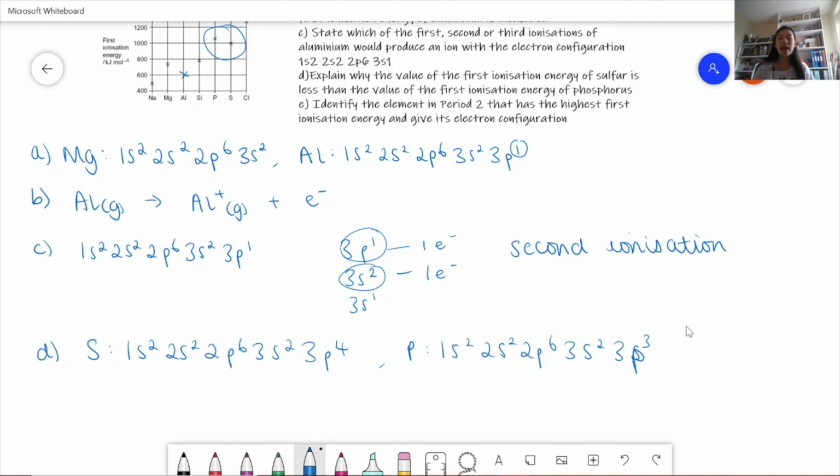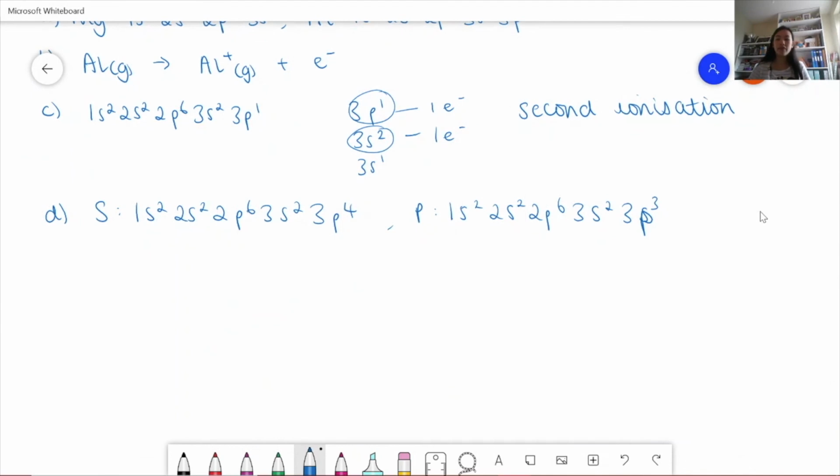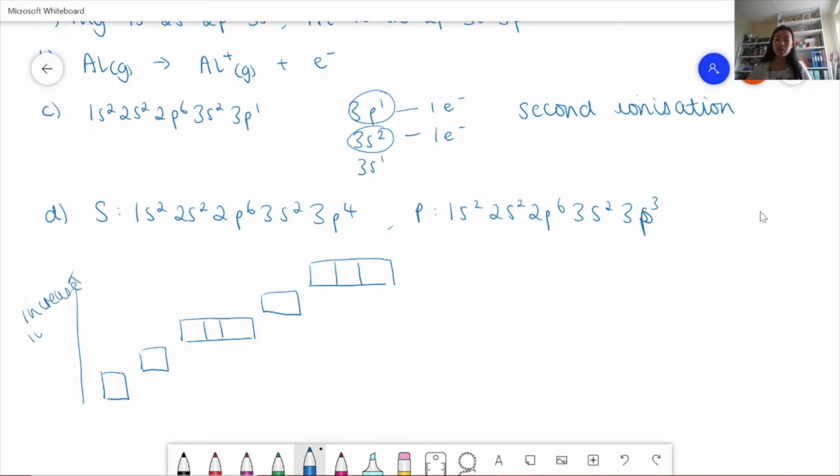And if we draw out the energy levels, it actually becomes a bit clearer. So we have a box of 1s2, then 2s2, 2p6, 3s2, and I'll also draw out 3p6. So this is increase in energy. So these are all the energy levels.